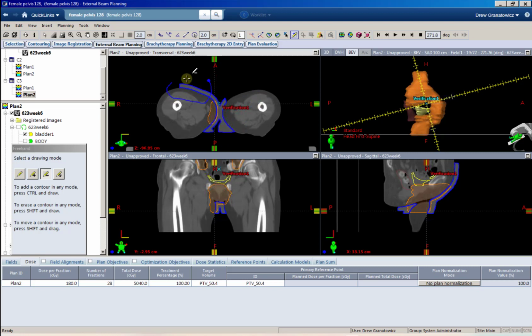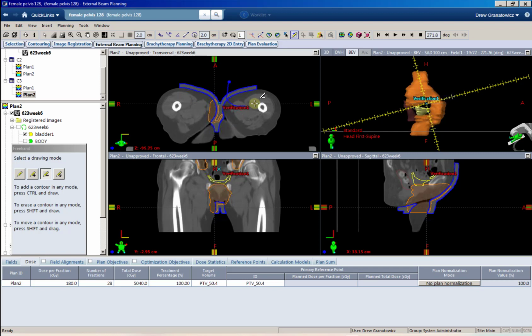But again, the more complicated the shape of the bolus, obviously the more complicated it will be for the therapist to create this bolus and set it up. So it's always a good idea to talk with them about what's possible. But I do think in most cases it is important that whatever you make in Eclipse, the therapists replicate on the machine.